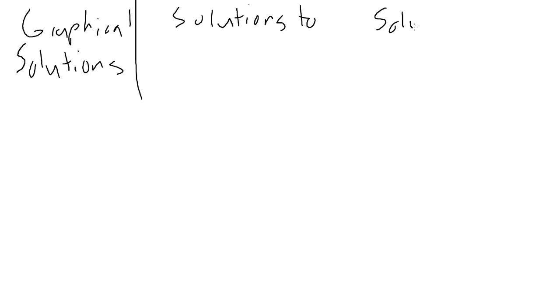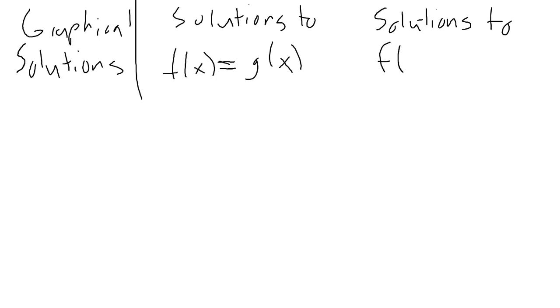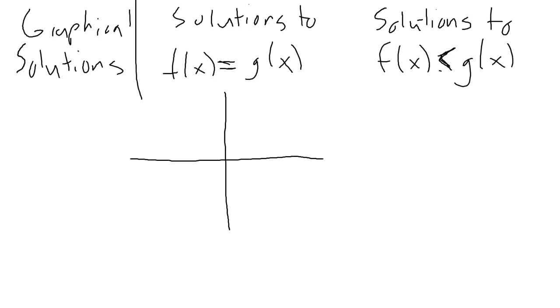So graphical solutions, we'll talk about the solutions to two types of things. We have equalities. If I have one function equaling another function, or one function less than another. And the less than or equal to, I'm just going to talk about less than, but the equal to is very similar. So if we have two functions and we want to say, what's the solution to f equals g?